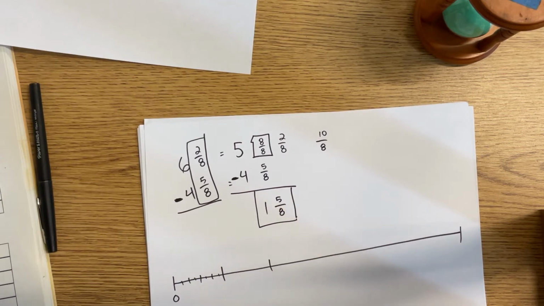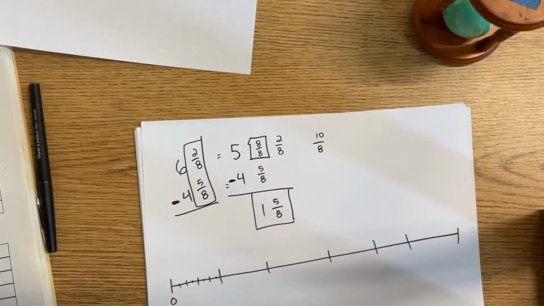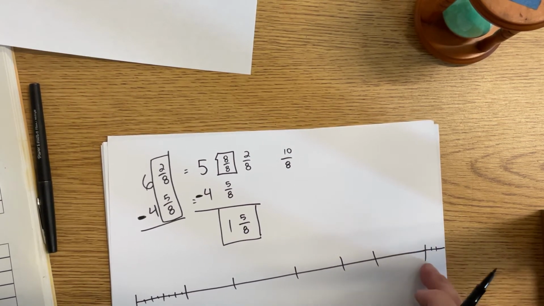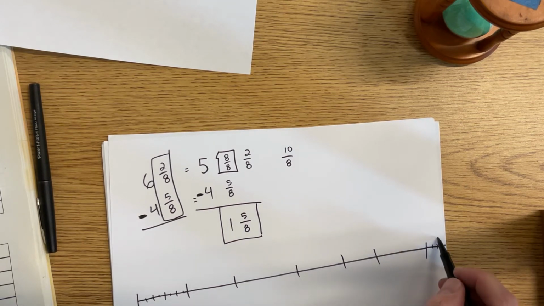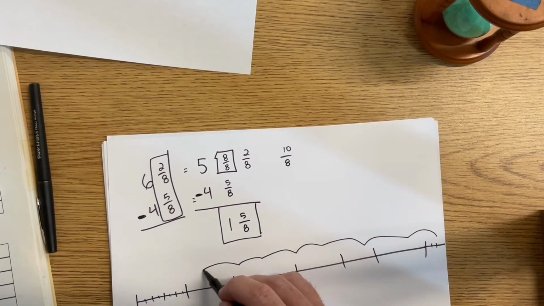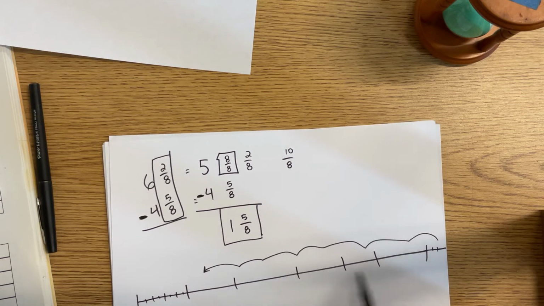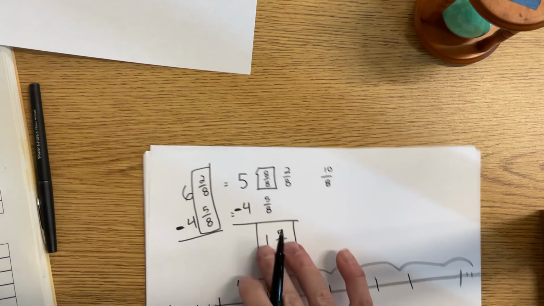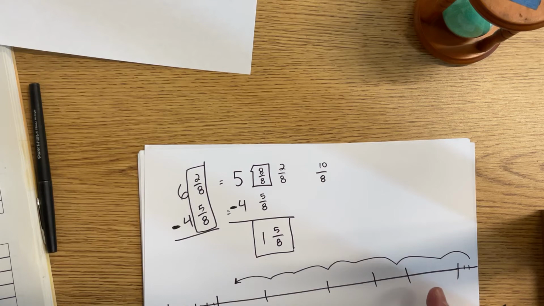Then you could do 2, 3, 4, 5, 6, right? 6 and 2 eighths might be there. And if you're going back 4 and 5 eighths, you do like, doop, doop, doop, doop, doop, doop, doop, right? This is pretty cumbersome. This is not easy for everyone, but I think it's a lot more straightforward than this.